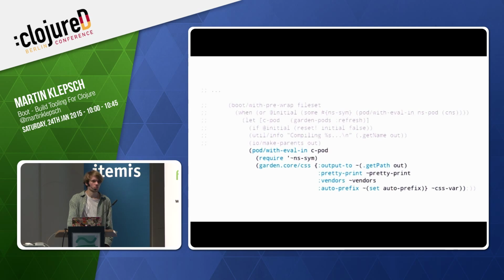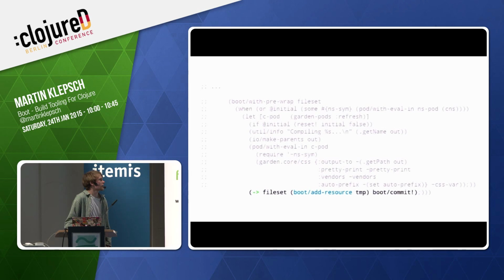And now we want to add it to the file set, because that's how it's eventually going to end up in the artifact that's built by the build process. And doing that is also fairly straightforward. You just add another line like this, basically saying, hey, add this temporary directory to my file set and commit it.